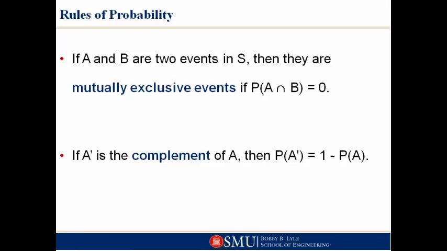Rules of probability. If A and B are 2 events in S, then they are mutually exclusive events if the probability of A and B is equal to 0. Okay, remember what mutually exclusive sets were? A and B have nothing in common. That's mutually exclusive. Now this is just saying, if there's nothing in common, then the probability of A and B is equal to 0.